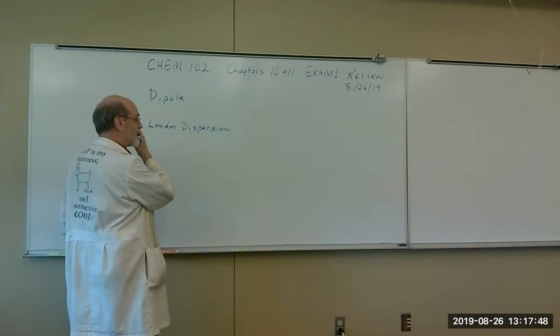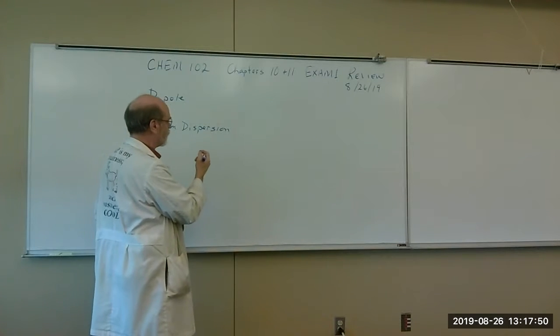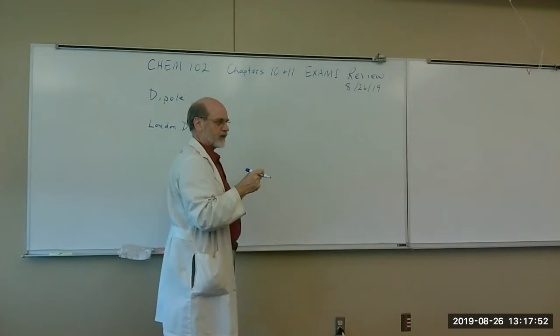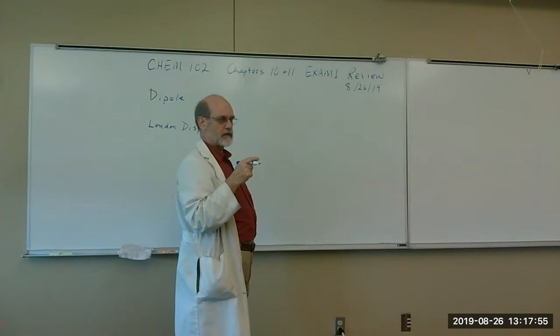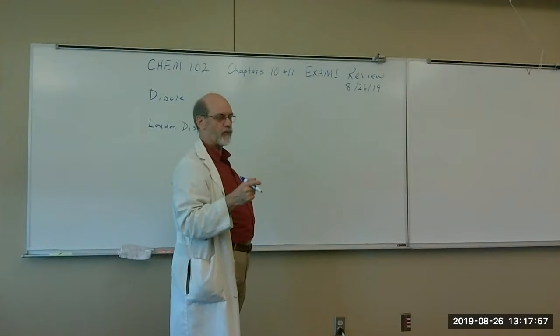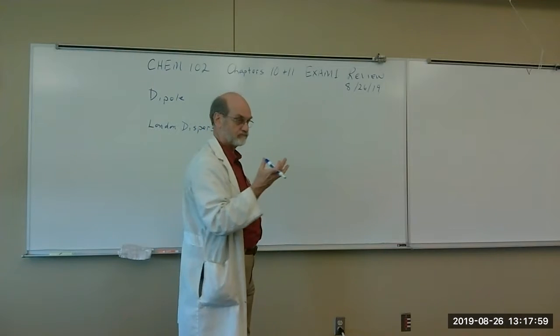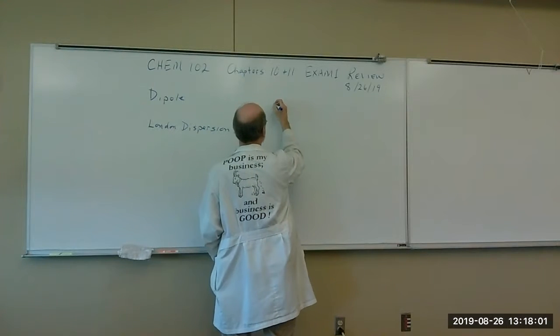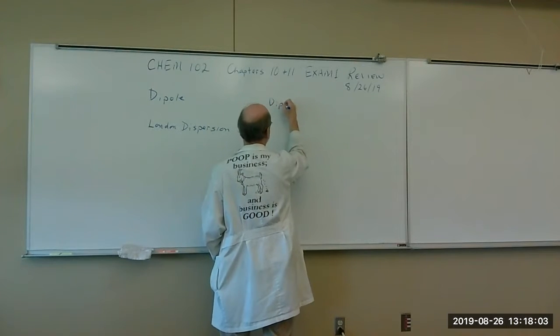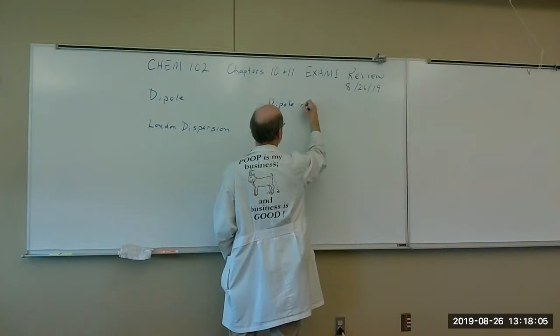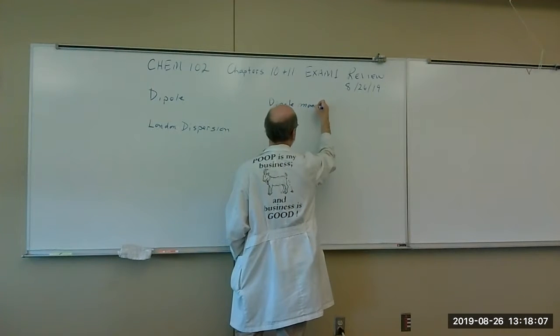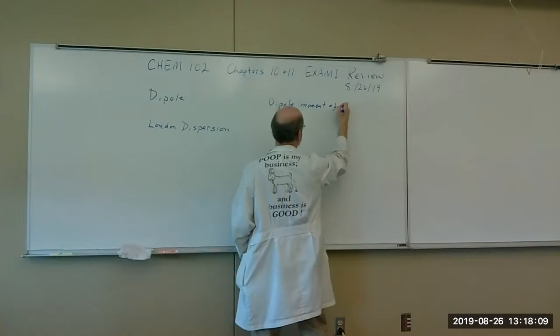So if we have that case where we're looking at dipoles, two things contribute to the overall dipole moment of a molecule. Right? One is the dipole moment of the bonds.